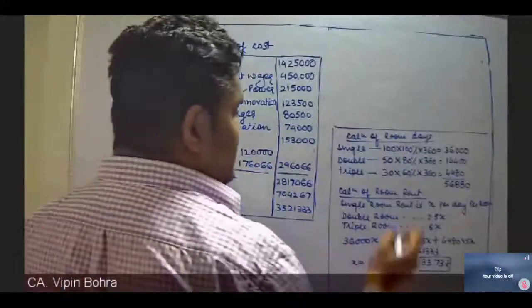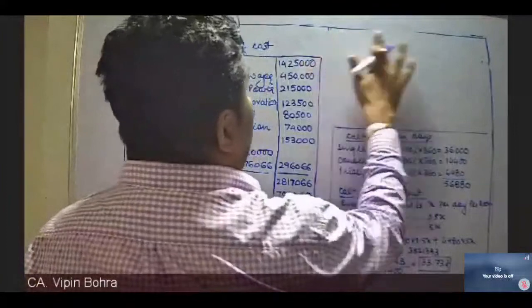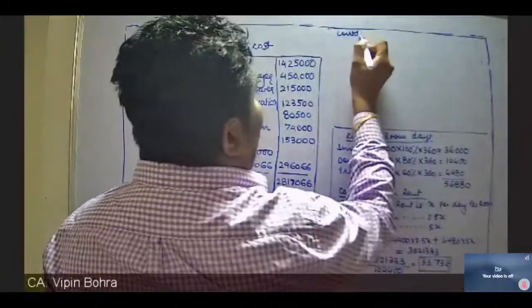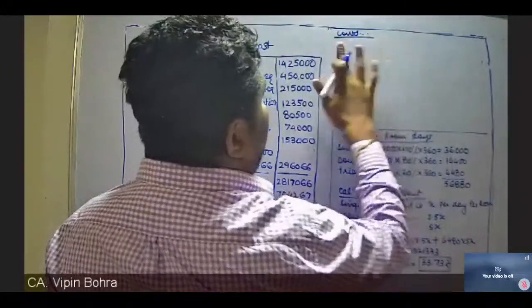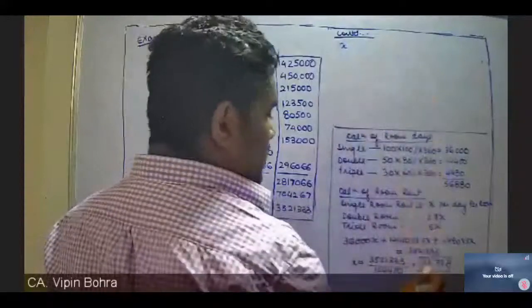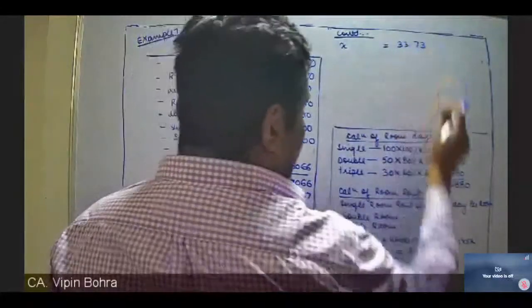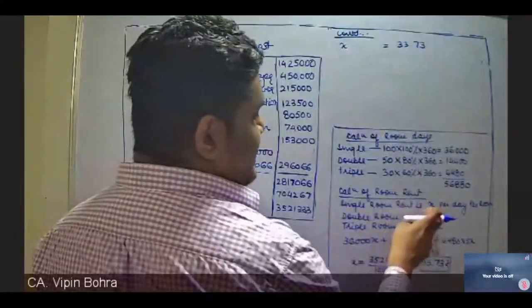Now, since we have got the value of x as 33.73, and what is x? Single room rent is x per day per room.